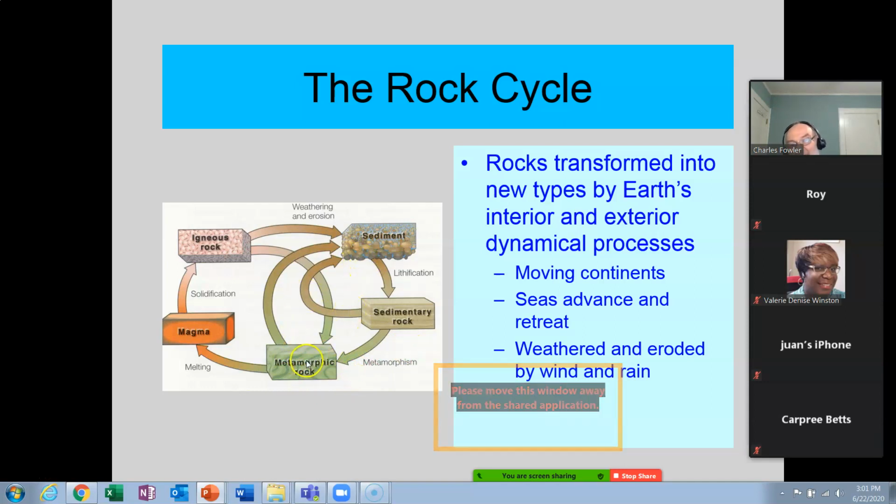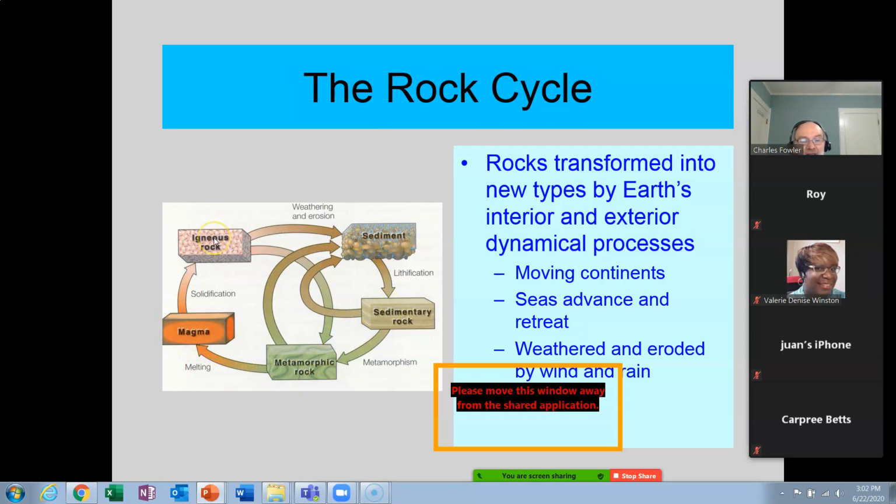But all rock, after a while, if it gets buried deeper and deeper and deeper, more heat, more temperature, more pressure, at some point it's going to melt again. As soon as it melts, it becomes magma again, and when that resolidifies, it's no longer metamorphic, sedimentary, or anything else.